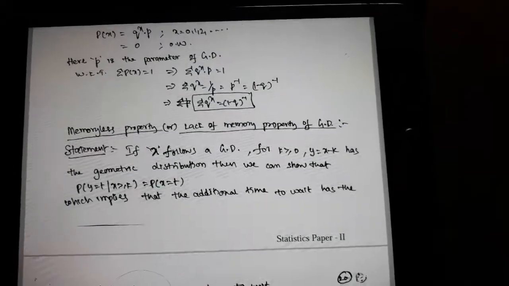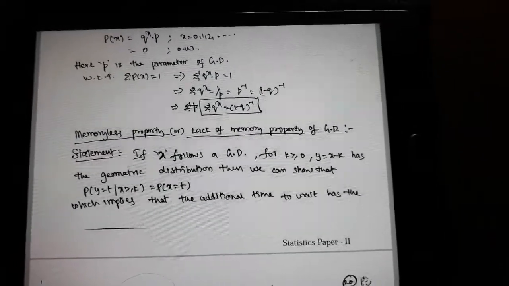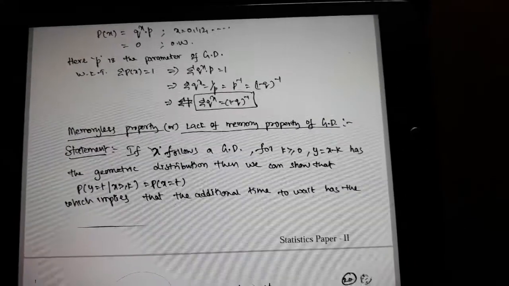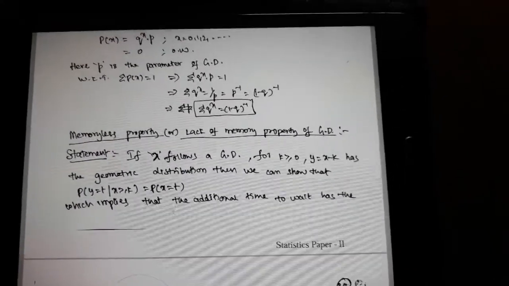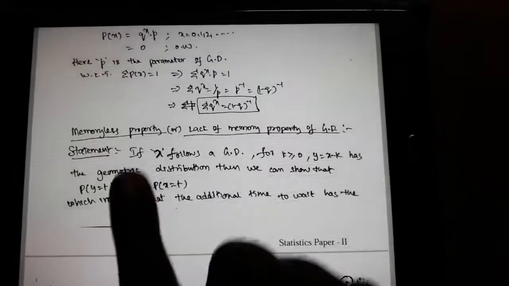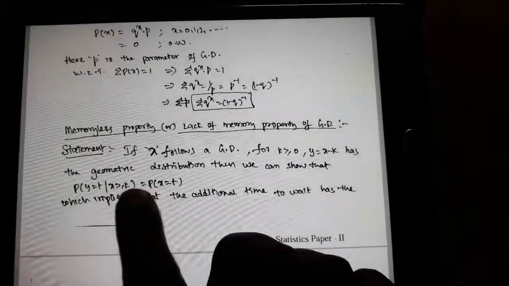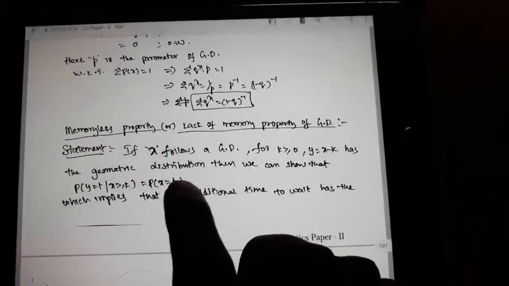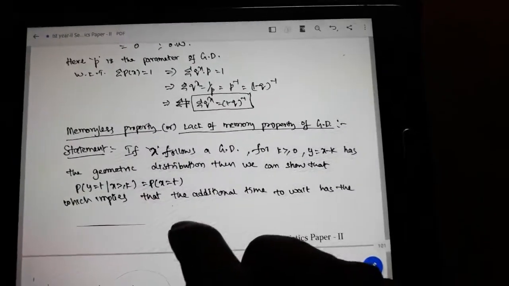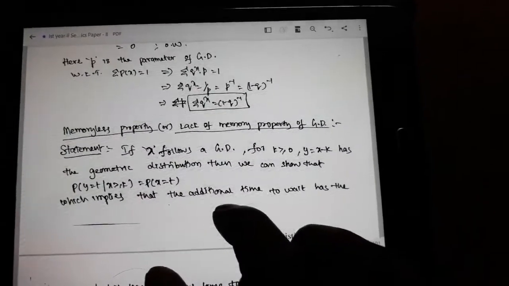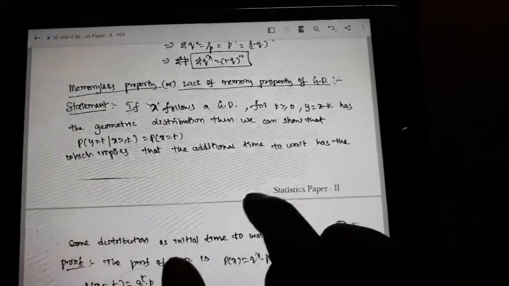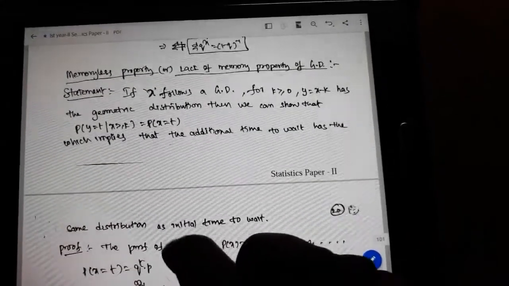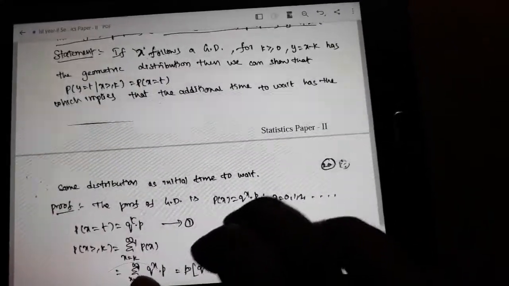Then we can show that P(Y equal to t given that X greater than or equal to k) is equal to P(X equal to t). Once we apply the condition X greater than or equal to k, there is no use; it gives the result without condition. This implies that the additional time to wait has the same distribution as the initial time to wait.